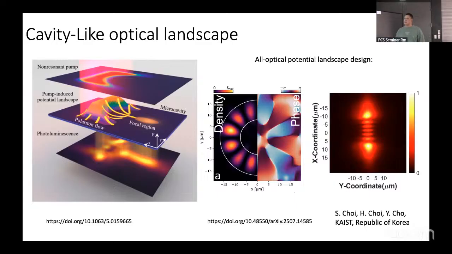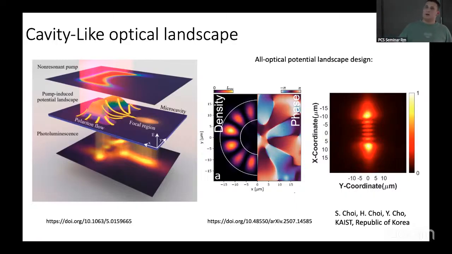The last one is a pumping scheme which we called a concave cavity. It's just two lenses put in front of each other. This is also the polariton density distribution in real space.